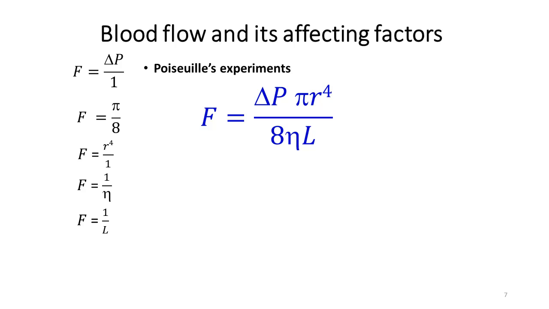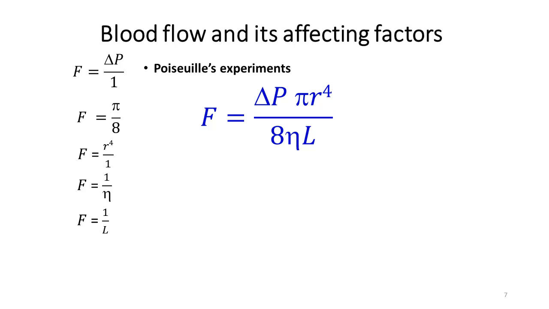In the first experiment, he set up two vessels, and the pressure of one vessel is double that of the next vessel. He found the blood flow doubled in the double-pressure vessel. So he found pressure has a direct relation with flow.